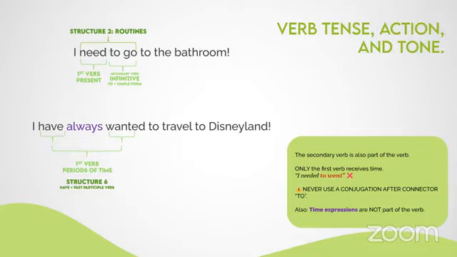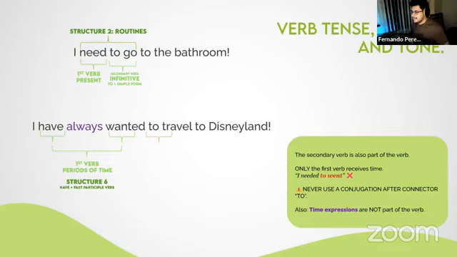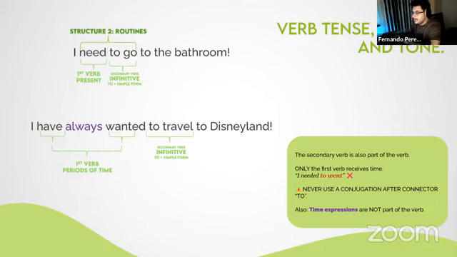And the secondary verb? To travel. This is the secondary verb. Secondary verb, infinitive, to plus simple form. The complete structure, including all of this, excluding always, of course, you need to eliminate always.